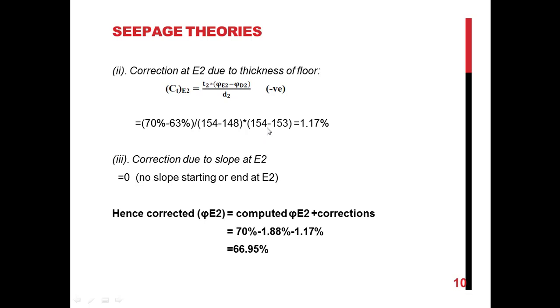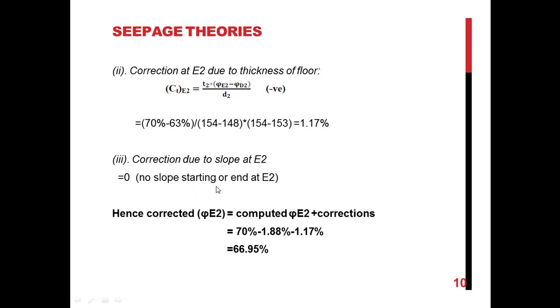So the total correction due to thickness of the floor is equal to 1.17 at E2. Similarly, the correction due to slope at E2 is equal to 0 since no slope starts or ends at E2.